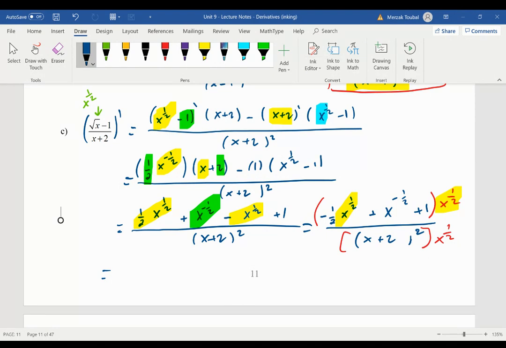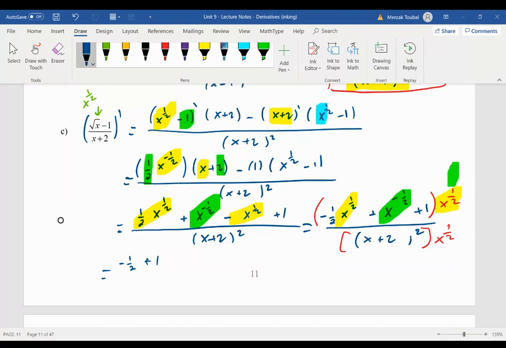So far I have negative 1 half times 1, which is negative 1 half. Then you get x to the negative 1 half times x to the 1 half, which is 1 half minus 1 half, 0. So x to the 0, which is 1.